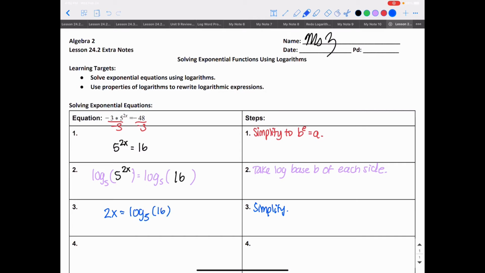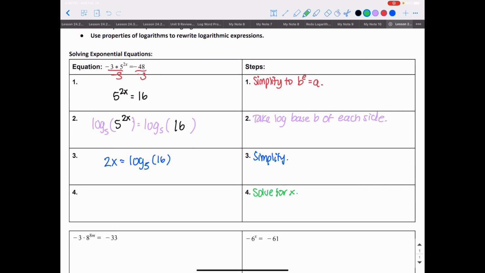And then after I do that, I'm going to solve for x. First I'm going to take what I have, 2x is equal to log base 5 of 16, and rewrite the right-hand side, using the change of base formula, as log of 16 divided by log of 5.